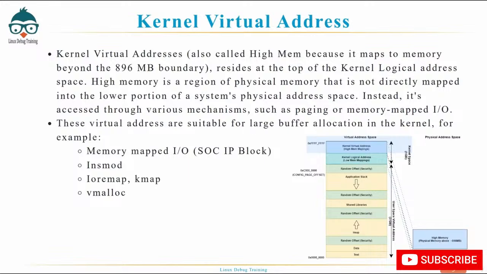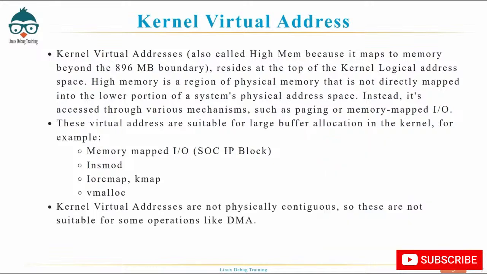Because we do not require the data to be physically contiguous, these virtual addresses are suitable for large buffer allocation in the kernel. For example, memory mapped IO, insmod, IO remap, kmap, or vmalloc.